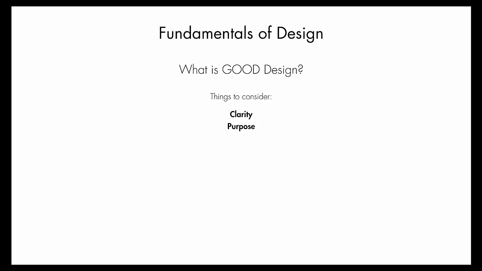We want to aim for a clear reason, and that reason is our purpose. Whether we are designing for a product, for our screen, for a website, it's got to have a purpose. If it's superfluous, it's redundant.